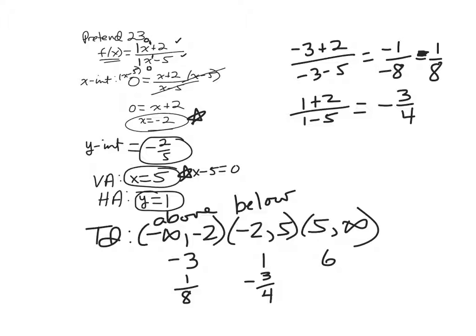If I put the 6 in, I'll have 6 plus 2 over 6 minus 5, which is 8 over 1, or 8. Six in gives me 8 out and tells me I'm always above the x-axis on the interval from 5 to infinity.